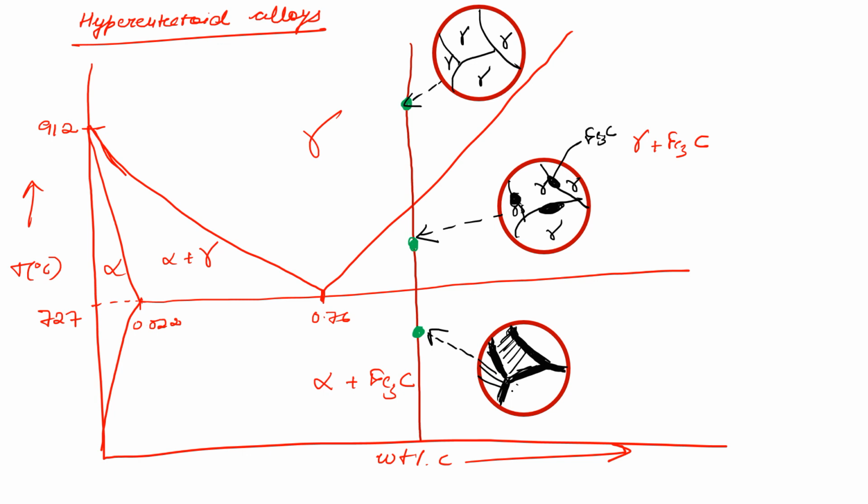And these colonies are nothing but the perlite. So this is Fe3C, the black part, and perlite will be alpha Fe plus Fe3C. So we have pro-eutectoid carbide in this phase instead of having pro-eutectoid alpha as you have seen earlier.